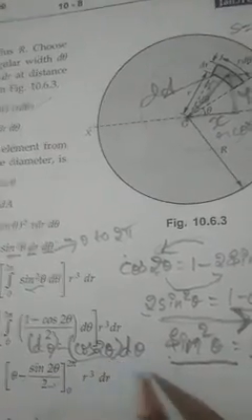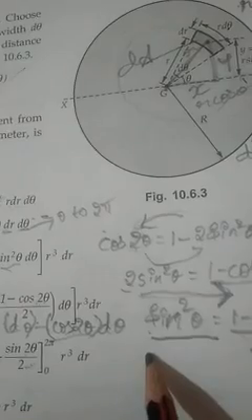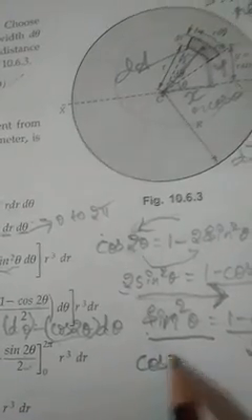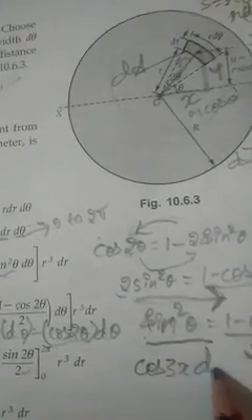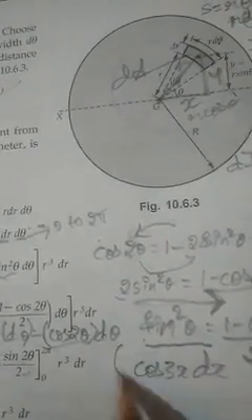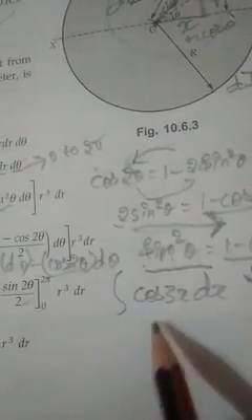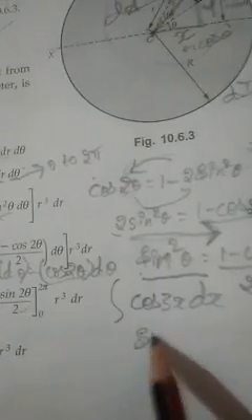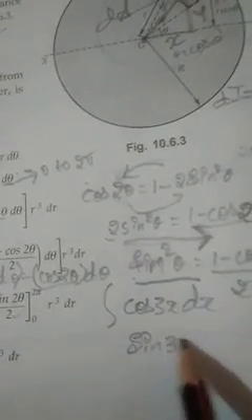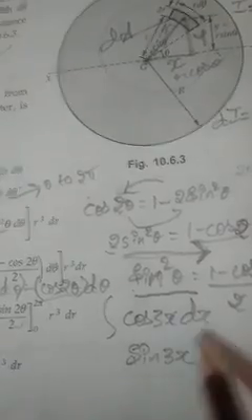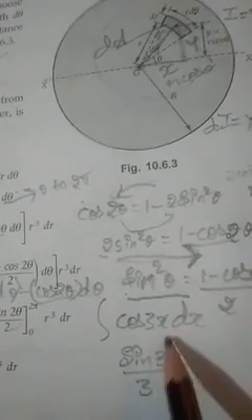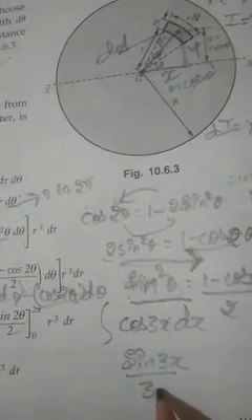Consider if cos 3x was there with respect to dx. Cos 3x will become sine 3x, but whatever is inside, you have to differentiate with respect to x. 3 will remain a constant, but x if you differentiate you will get 1.